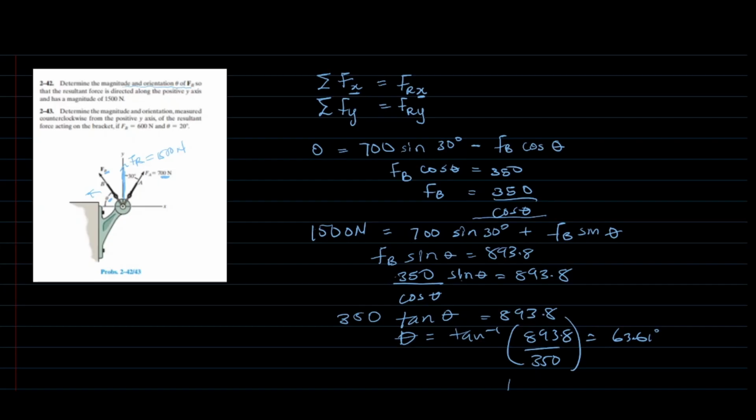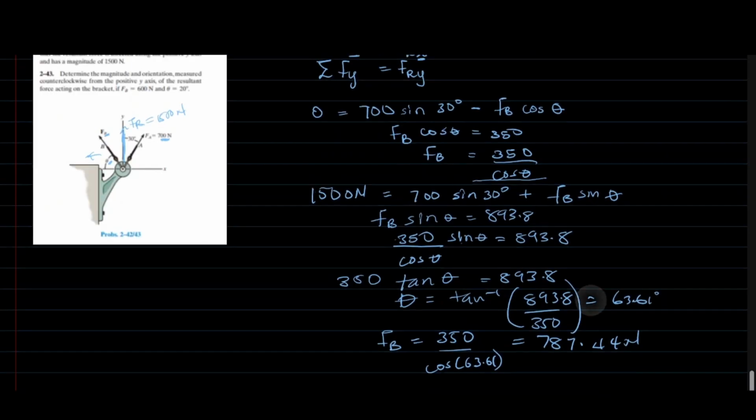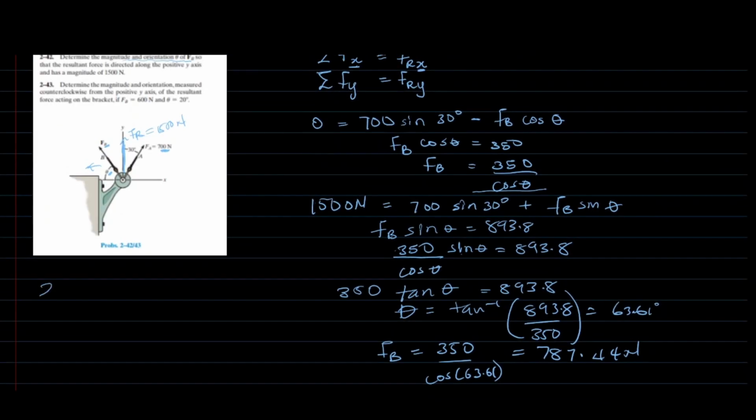And to find FB, we simply substitute back into the original formula. 350 over cos 63.61. We're simply going to have 787.44 newtons.